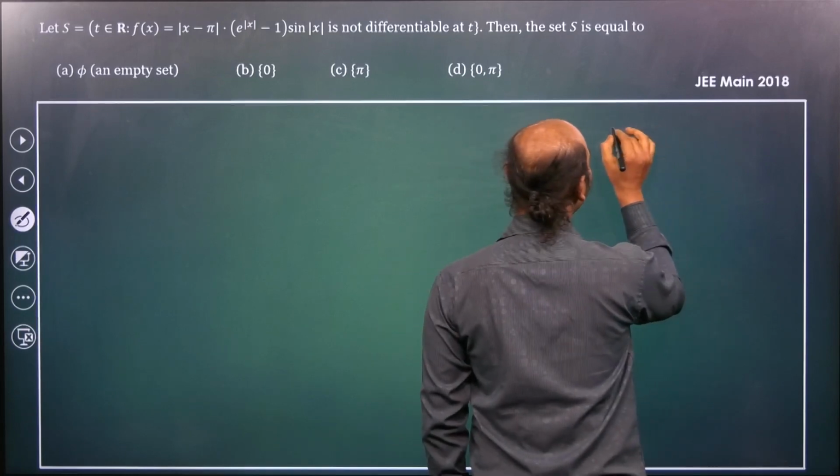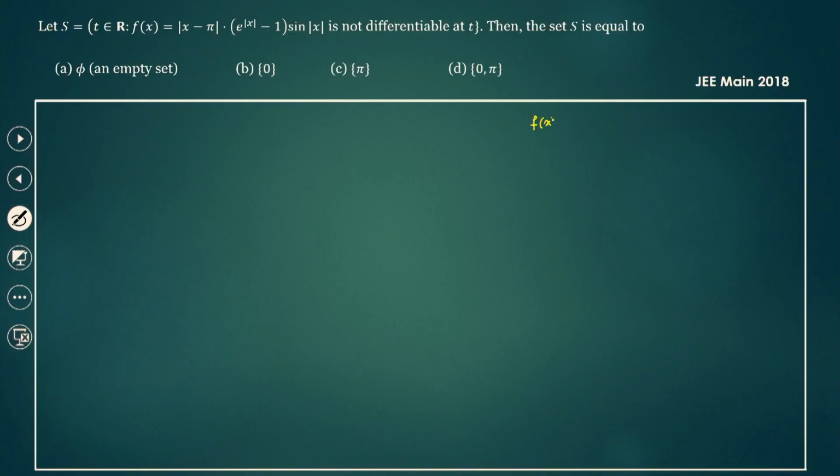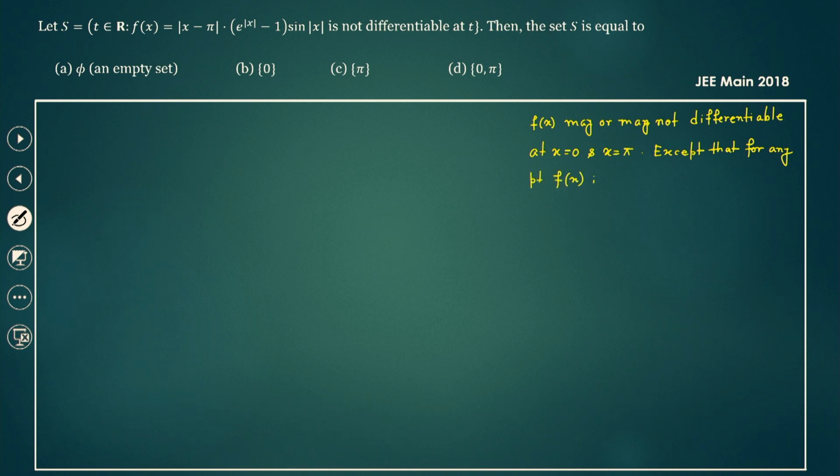We'll see that the function f(x) may or may not be differentiable at x equal to 0 and x equal to pi, except that for any other point f(x) is differentiable. That's very obvious.